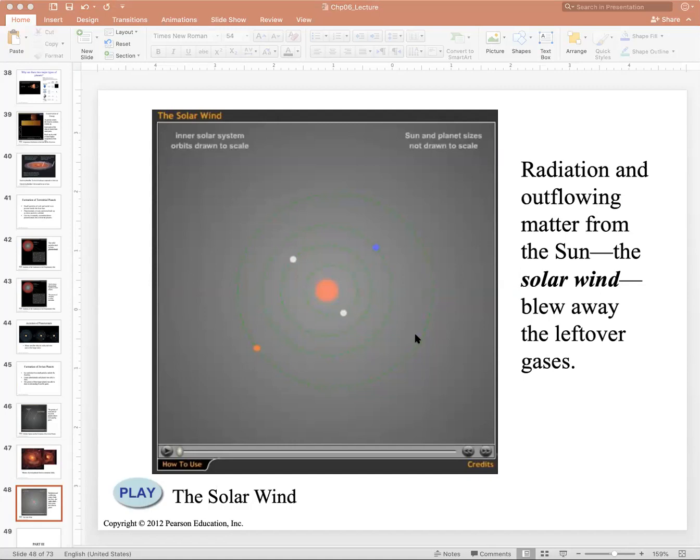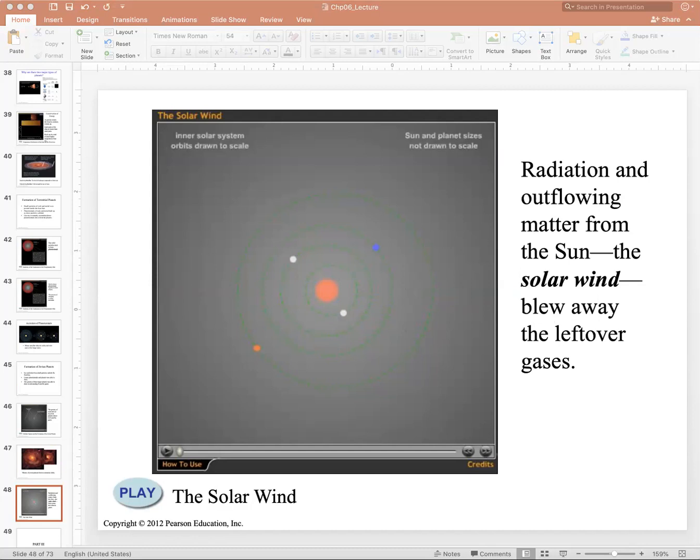Solar wind cannot blow away our atmosphere because we have an electromagnetic shielding protection, right? But solar wind is just these highly charged particles that caused the leftover hydrogen and helium to be completely blown away from our solar system. So that's why there are so many gaps between the planets now, right?